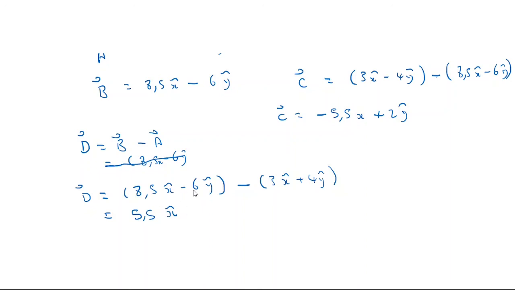And then when you say minus 6 minus, see now it's going to be minus 6 minus 4. You see, so it's interesting. Now you're going to have minus 10y. All right.